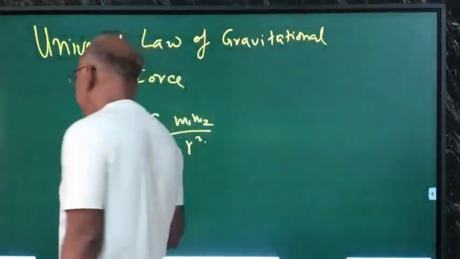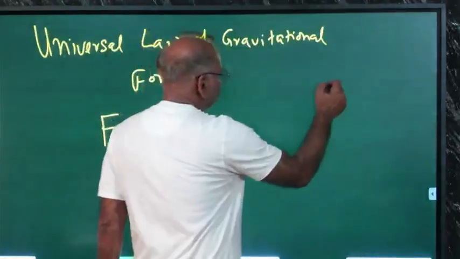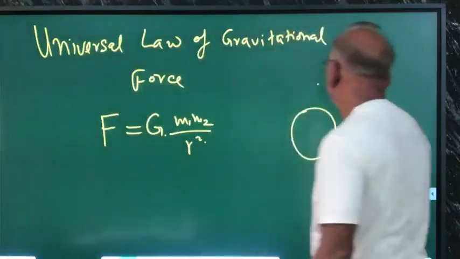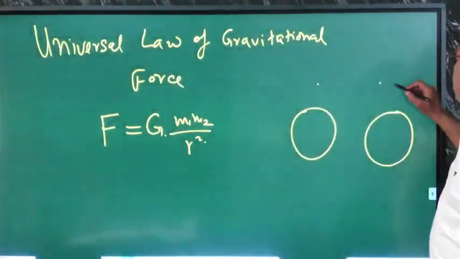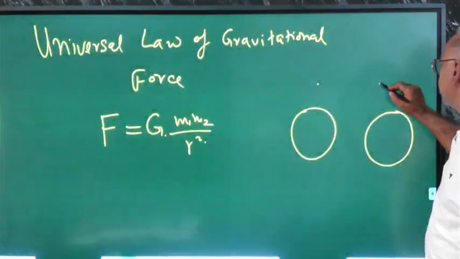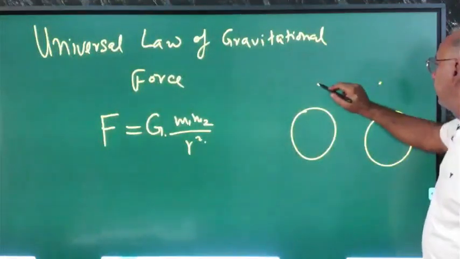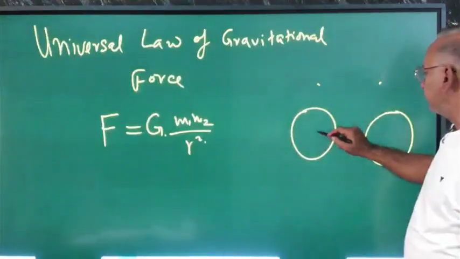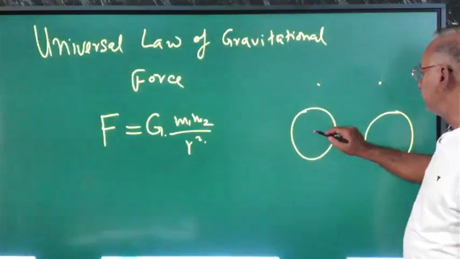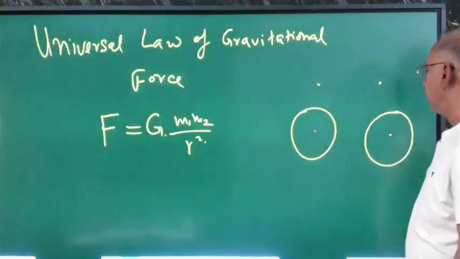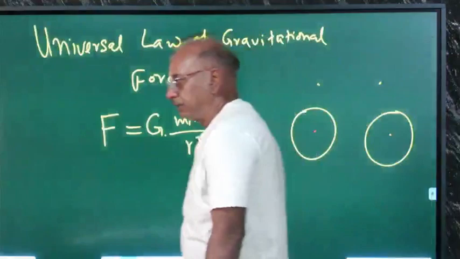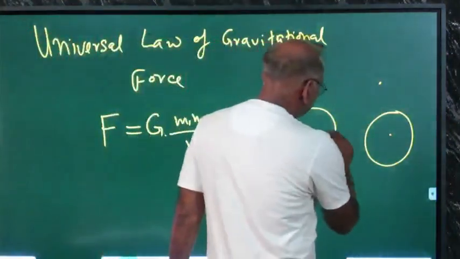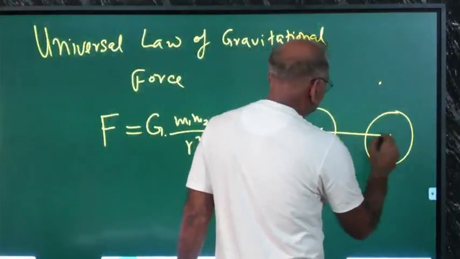Suppose there are two particles, maybe small point objects or maybe big. In small particles, the whole mass is supposed to be concentrated on this small point, and in bigger particles, the whole mass is supposed to be concentrated on its geometrical center or center of mass or center of gravity. So they may also interact with each other as a point mass.